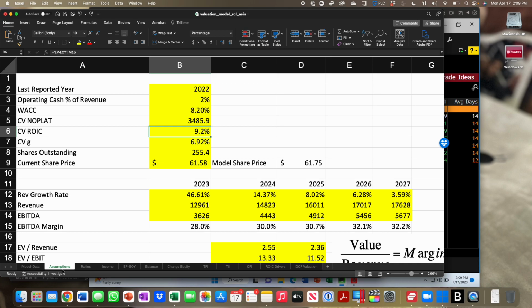Did anybody do any research on Royal Caribbean? It's hard to do this analysis without it. What is Oasis? Nobody knows what Oasis is?